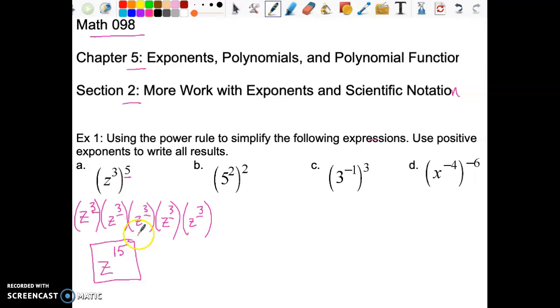And I said times, I'm trying to clue you in that when you take a power to a power, you multiply those exponents. So there's kind of your rule. Power to a power is your clue to multiply.